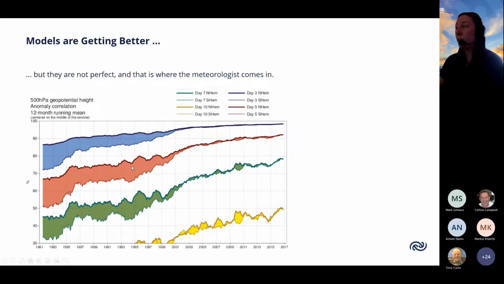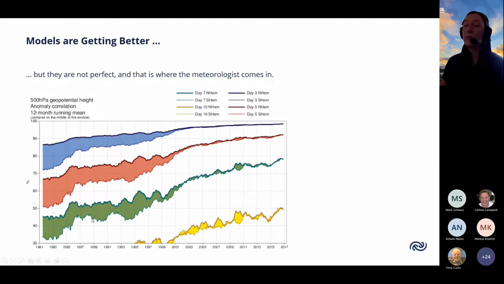What I also think is interesting with this image is the thick line represents forecasting what we call geopotential height in the northern hemisphere, and this lighter line is the southern hemisphere. And you'll notice that for each of these plots, the southern hemisphere forecasting always does worse in general than the northern hemisphere.